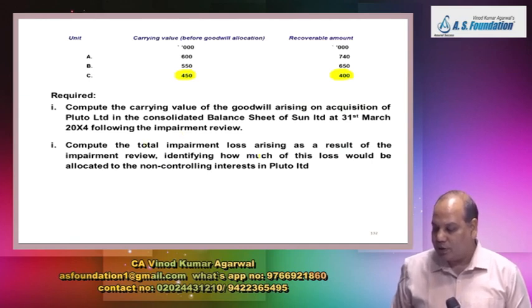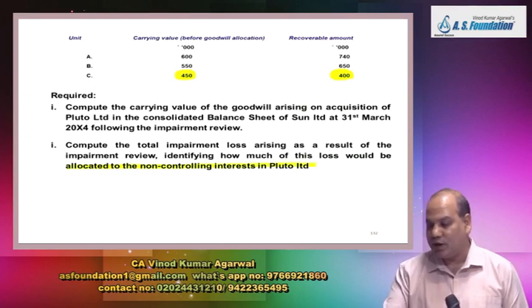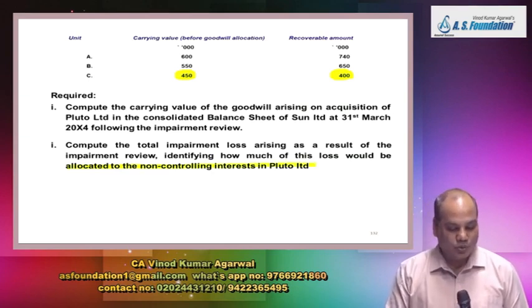Compute the total impairment loss arising as a result of impairment review, identifying how much of this loss would be allocated to NCI. So there is an impairment loss.